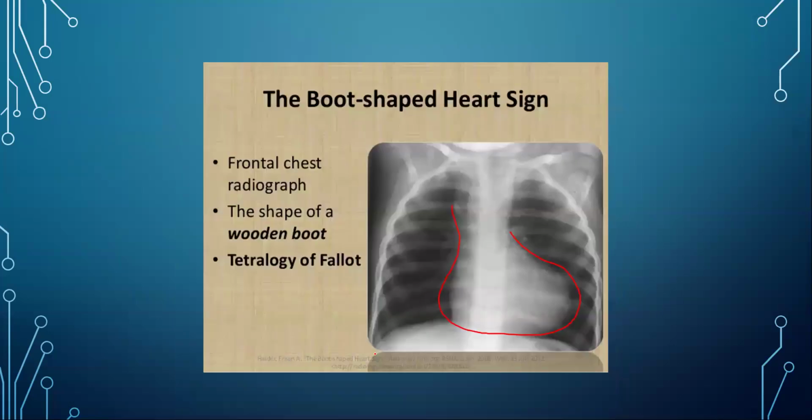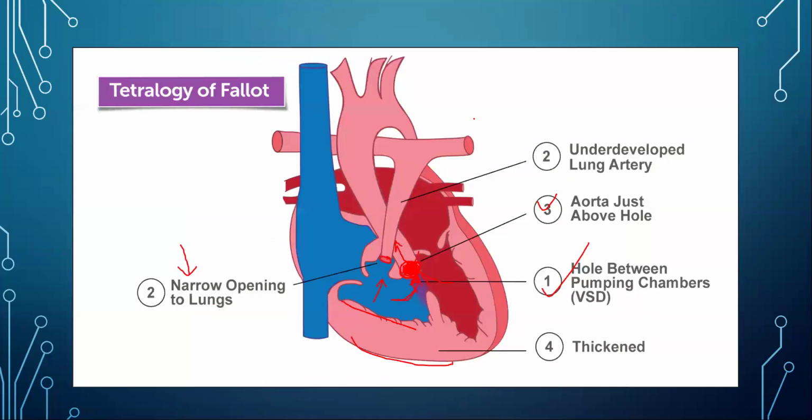Okay. Why? Because if you can keep it open, the cyanotic blood that's going directly to the aorta can come back to the pulmonary artery, and then it can go to the lungs and get oxygenated. That's the idea of keeping the PDA, or the ductus arteriosus, open.